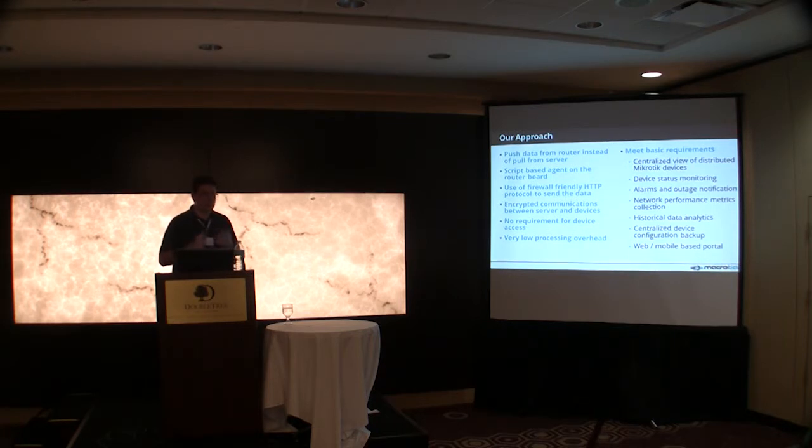So as long as, let's say, the wireless service provider equipment can reach out on the interface, and therefore there is a routing in place, it will be able to send the data to the central location. We need device status monitoring and obviously alarms and outage notifications.